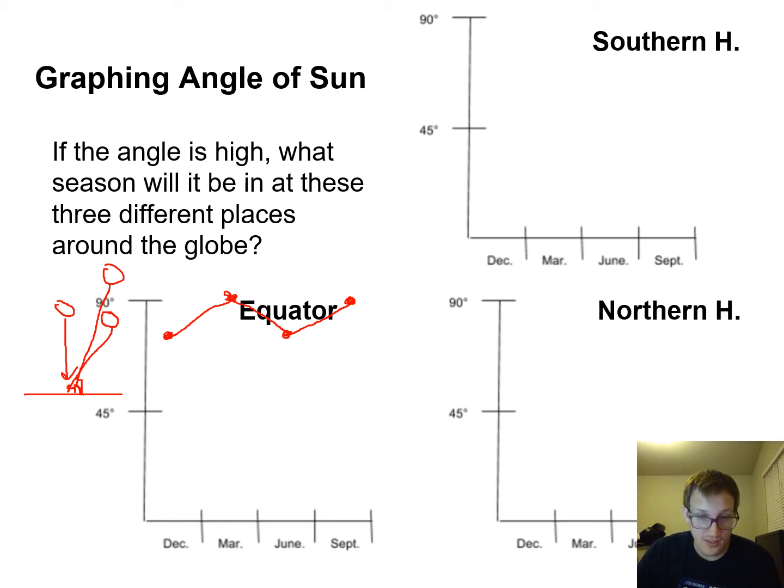So that's when the angle is really, really low. The sun is really not high in the sky in winter. So when it hits something, the angle is low.